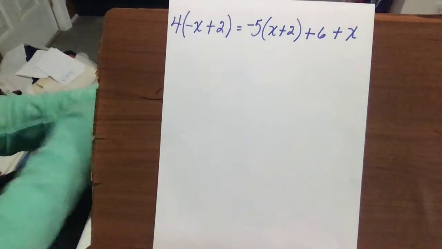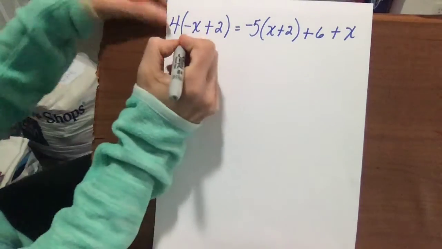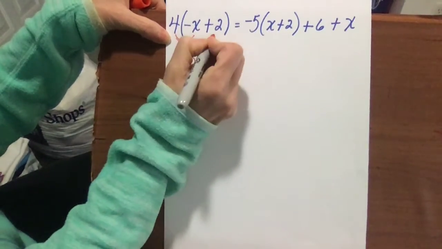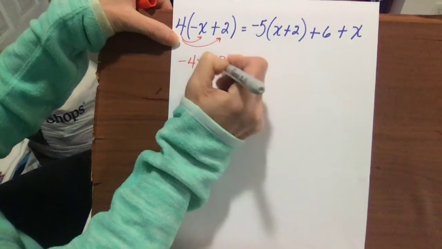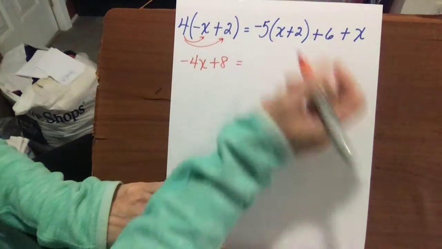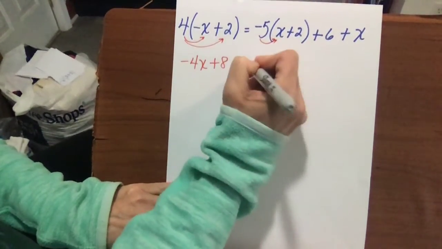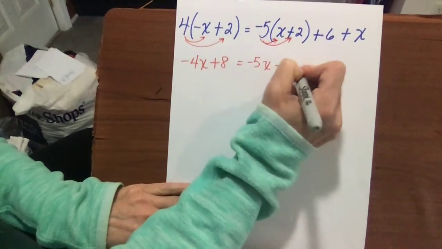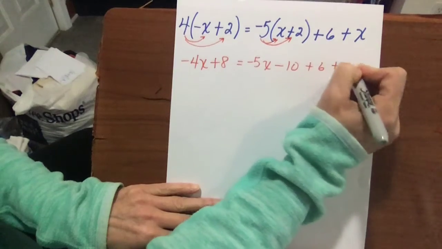And last problem. Pretty complicated looking, but it's not so bad. 4 times negative x is negative 4x. 4 times 2 is positive 8. Negative 5 times x is negative 5x. Negative 5 times 2 is minus 10, plus 6 plus x.